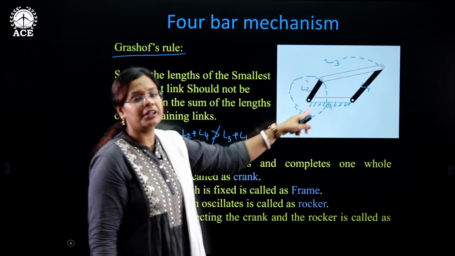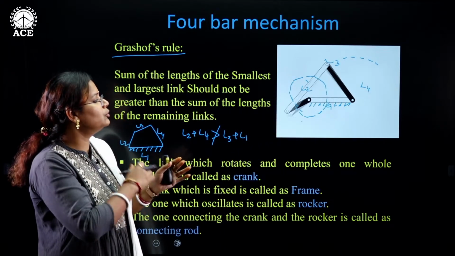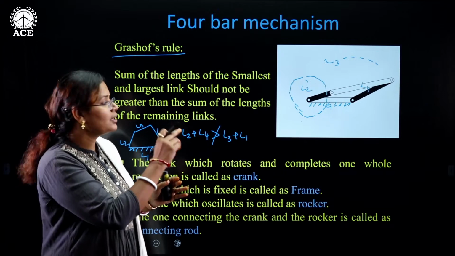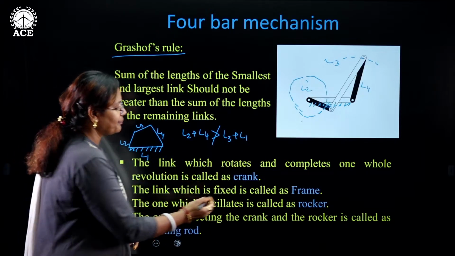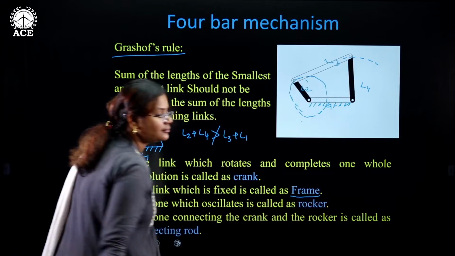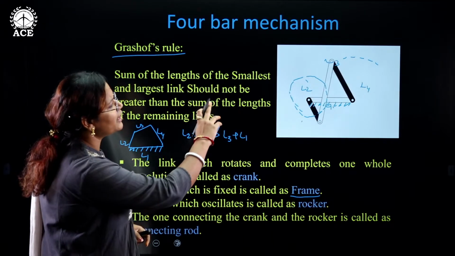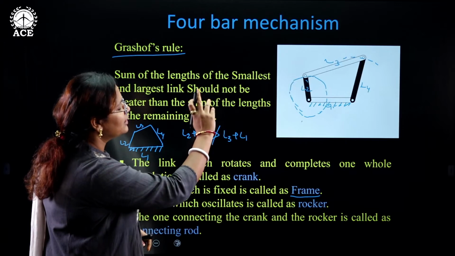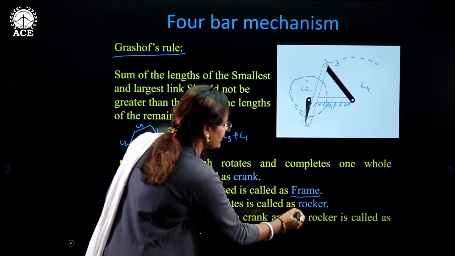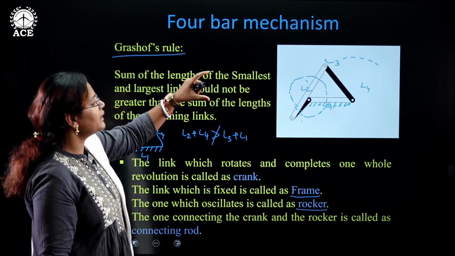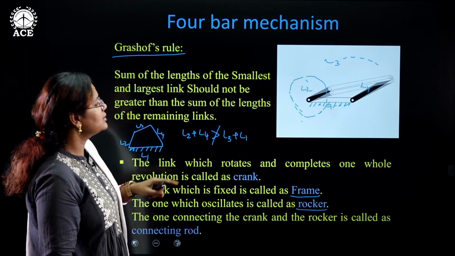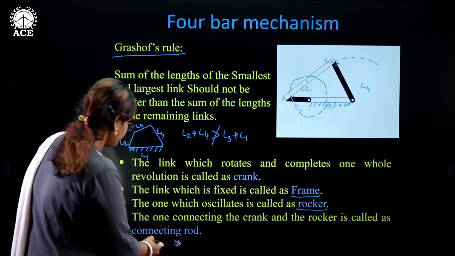The crank is rotating and completing one whole revolution. The one which is fixed here is called the frame. Now the one, can you see, that is only oscillating? That oscillating link is called a rocker. The intermediate link is called the connecting rod.